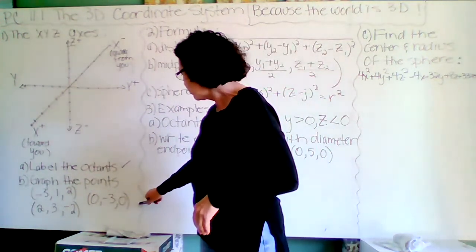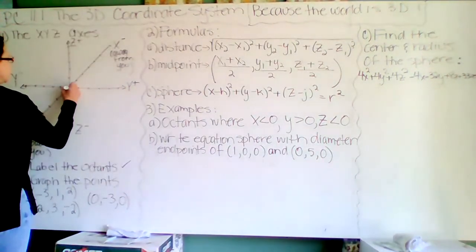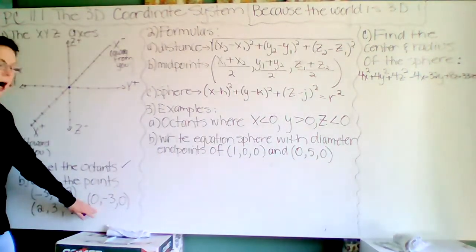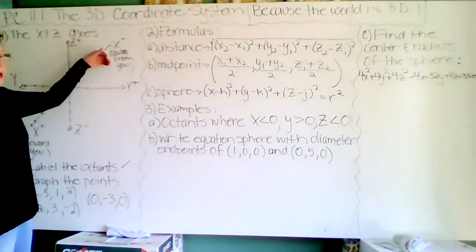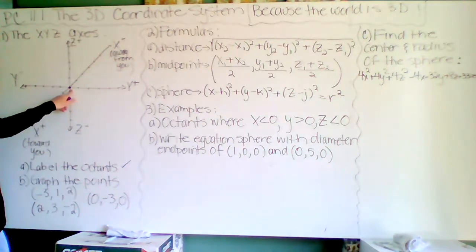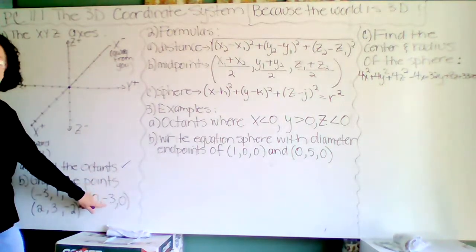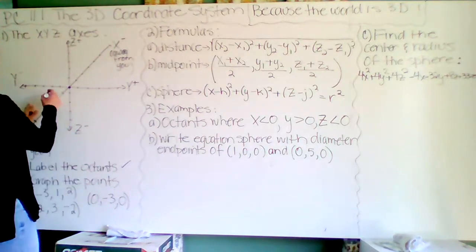So the point 0, -3, 0. Of course, this point here is 0, 0, 0. Our first 0 indicates that we will not come out towards us or away from us. So we are still at the point 0 here. The -3 indicates that we will go -3 on the y-axis to the left.